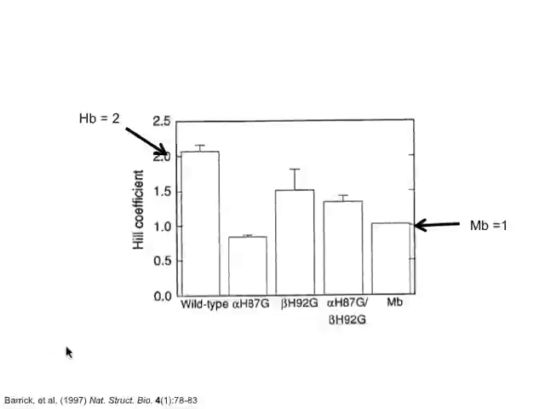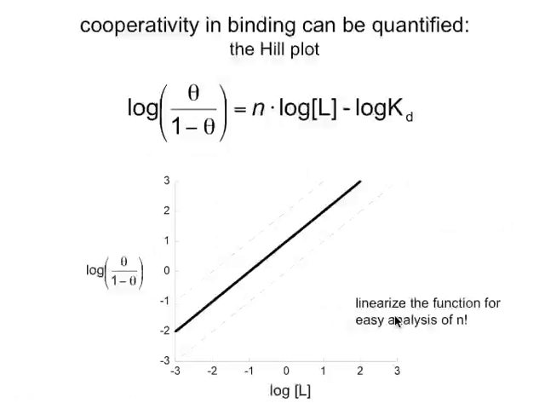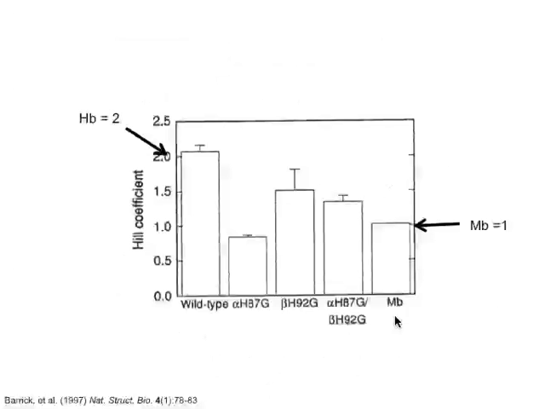In any case, all I want to point out to you is the Hill coefficient of hemoglobin and myoglobin. This is that N that you would get if you were to fit binding data, oxygen saturation data, to the Hill equation. And for wild type hemoglobin, it's obviously greater than 1. That tells us that hemoglobin is pretty cooperative.